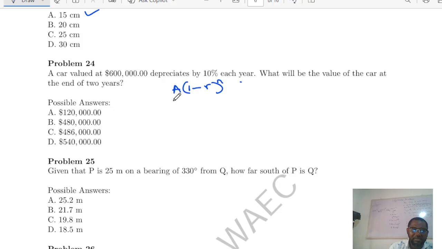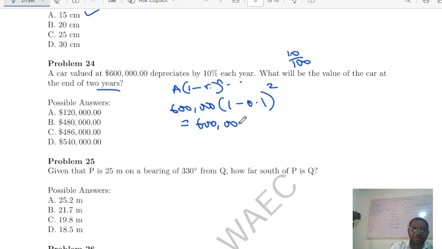So the original amount is 600,000 times 1 minus the percentage decrease. 10% means 0.1. Okay, 10% is 10 over 100, so 0.1. Then n is the number of years, at the end of 2 years, so I'm going to put 2 here. So this is going to be 600,000 times 1 minus 0.1, this is 0.9, so 0.9 squared.